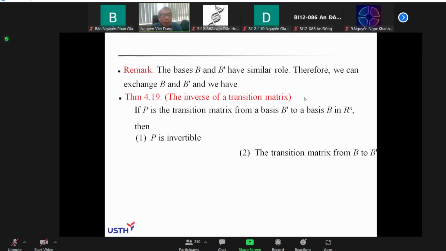The second one, that is, if we consider the transition matrix from B to B prime, it is exactly the inverse of P. So we see, if we change from B prime to B, you have a transition matrix P. So if you consider the transition matrix from B back to B prime, it will be P inverse.